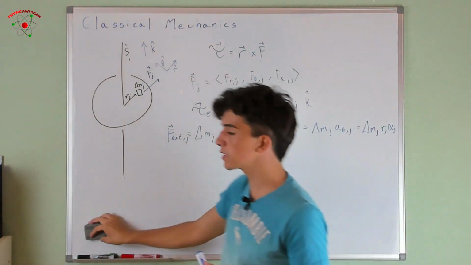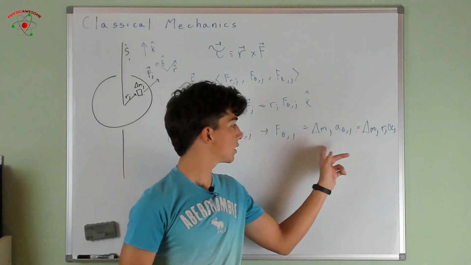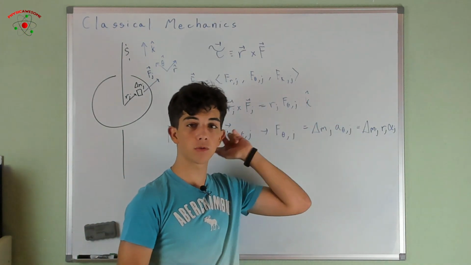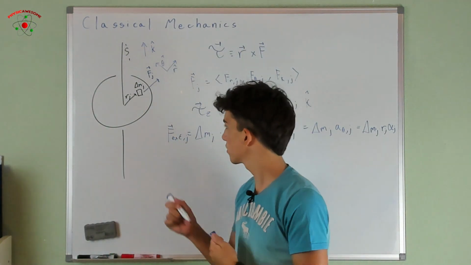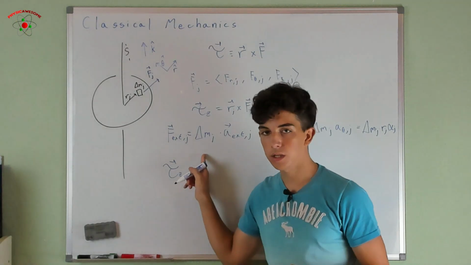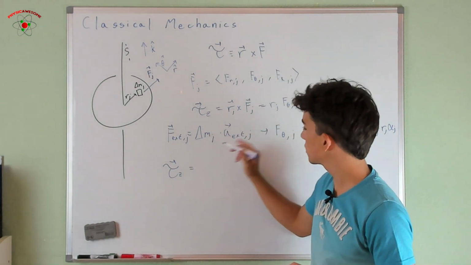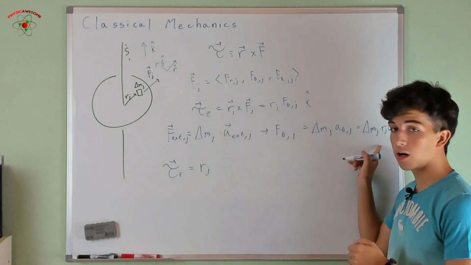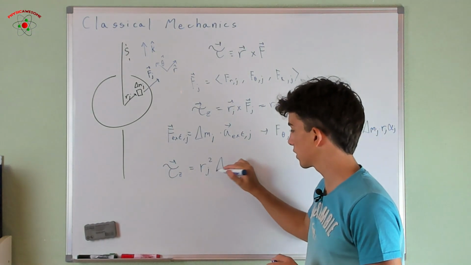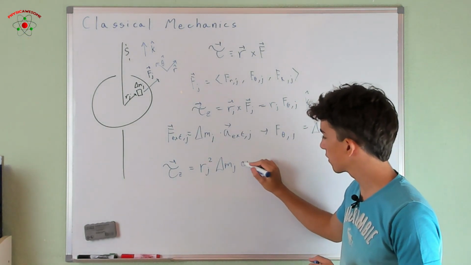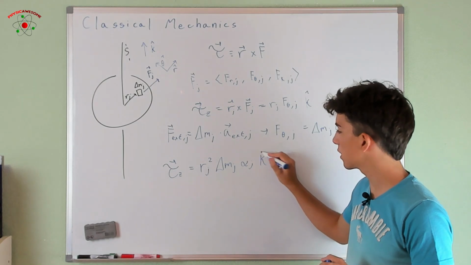Now, knowing this, we may substitute this expression for F theta_j in our equation for the torque in the z direction. So the torque in the z direction equals delta m_j r_j squared times alpha_j in the k hat direction.